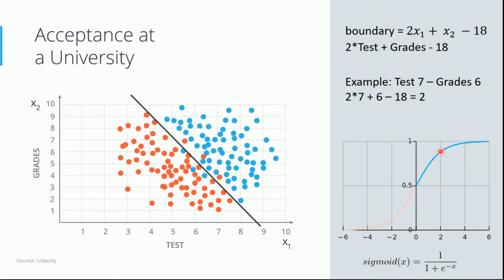So by saying 0.88 at the sigmoid for the point 2, this automatically implies 1 minus 0.88, which is 0.12, for not being the correct answer, right? So that's what it is when the sigmoid is applied on a score to turn it into a probability.